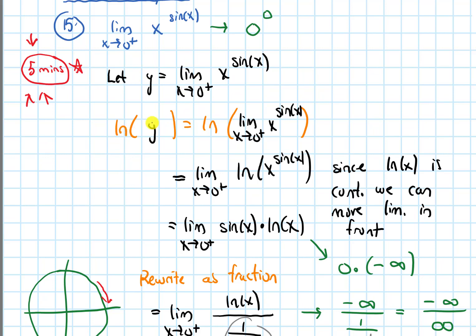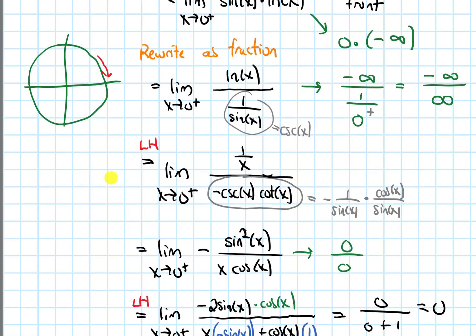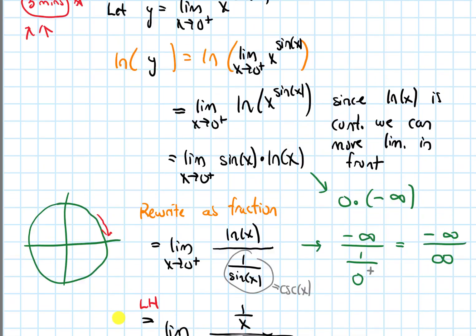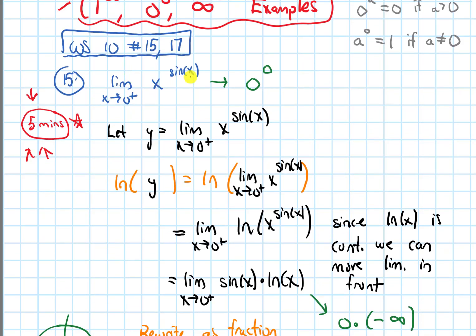This is what ln of y equals. So thus, we know ln of y equals 0. And we want to know what y was. That's what we set our original limit equal to. If I transform this, we get y equals e to the 0, which is 1. And that's my answer. That's what this limit ended up being. This whole thing is just approaching 1.